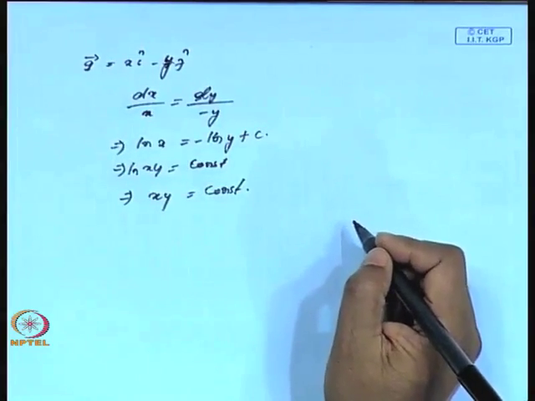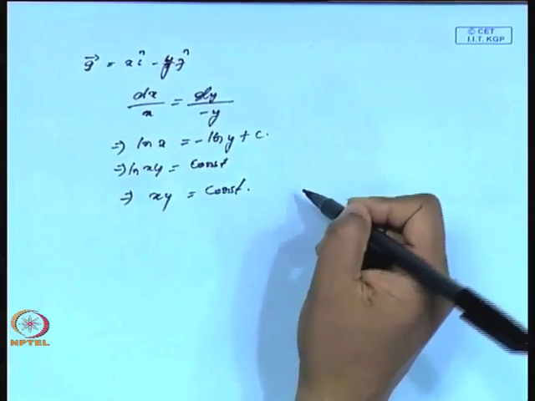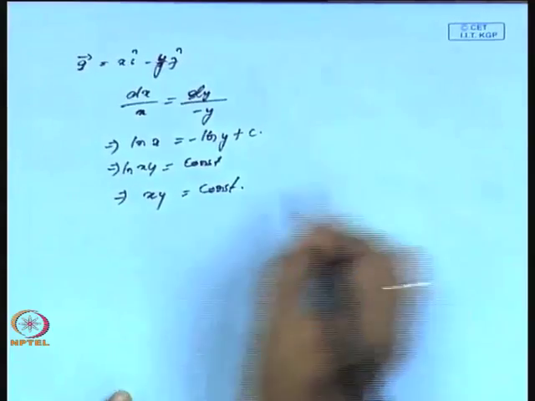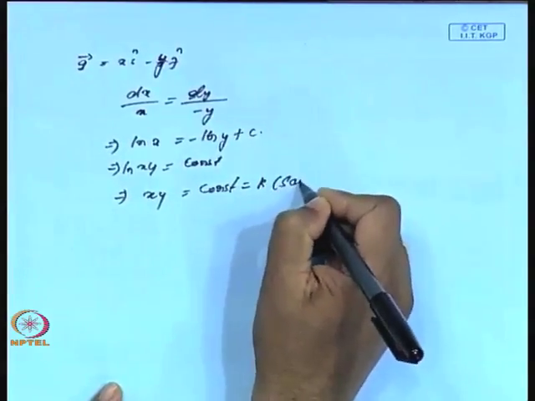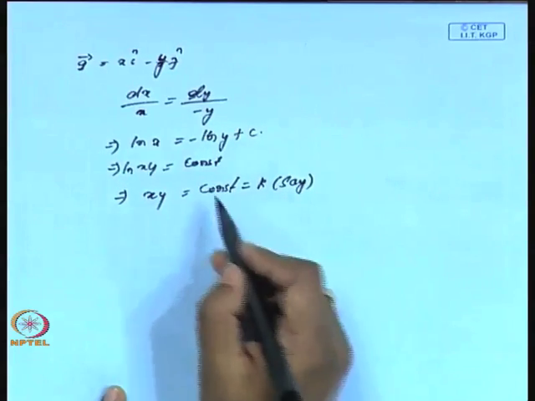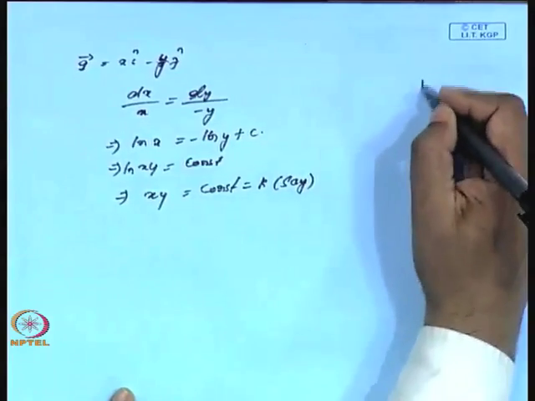And since xy is constant, suppose we call it k, what will happen if I draw these lines?